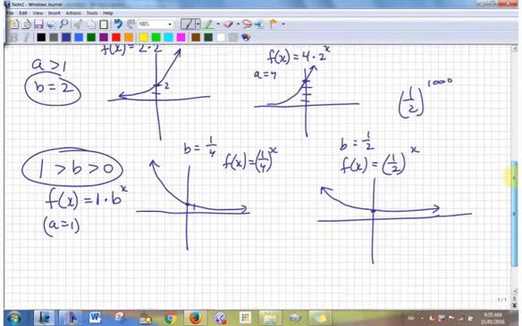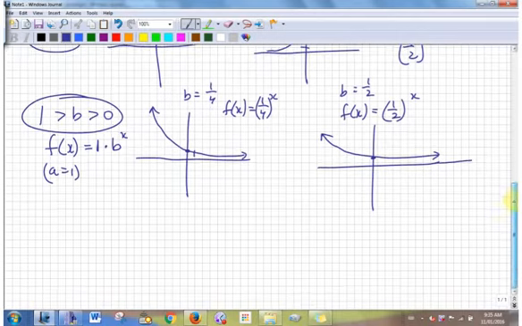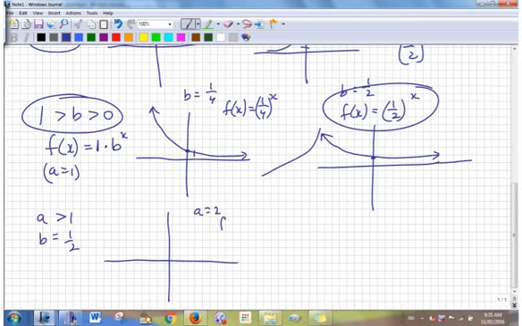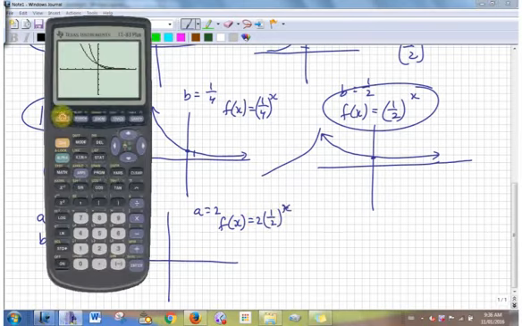Okay? Last thing. I've talked a lot more than I usually do, right? I'm going to vary a, and b, I'm just going to keep as 1/2. I'm going to use this graph and play around with it. So let's let a be 2, and I'm going to graph here. f of x is 2 times 1/2 to the power of x, and see what happens.